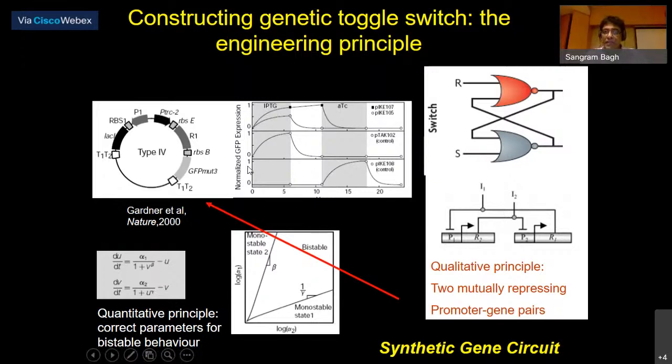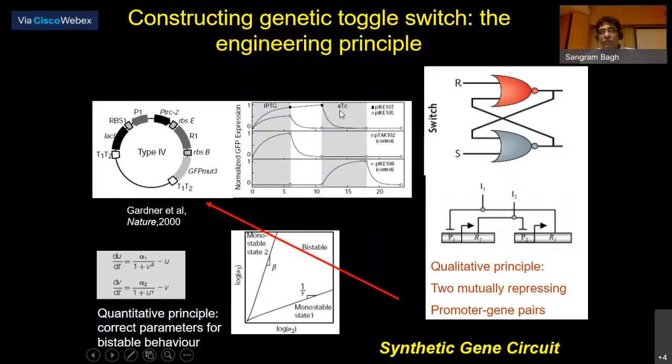But what happens if you take the IPTG off from the system? You will see the EGFP is going to decrease. That is what you have generally learned in your biochemistry book. And what they have developed is that you give the IPTG, it goes up, and now you take the IPTG off from the system, and still the EGFP is turned on. EGFP is producing.